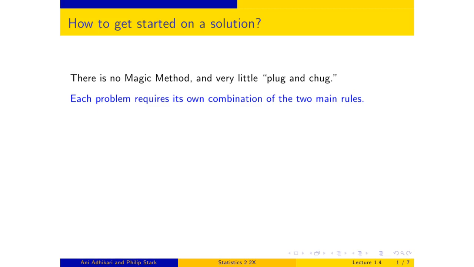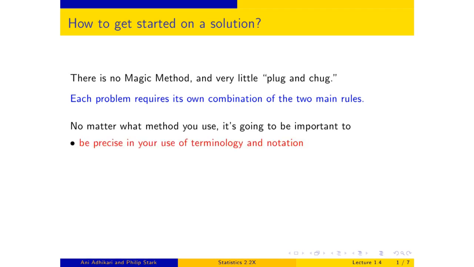Moreover, no matter which combination you decide to use, there are a few things that you have to be careful about. Precision in language, terminology, notation. Precision is really important because if you confuse something like "and" with "or", well, it's all over.